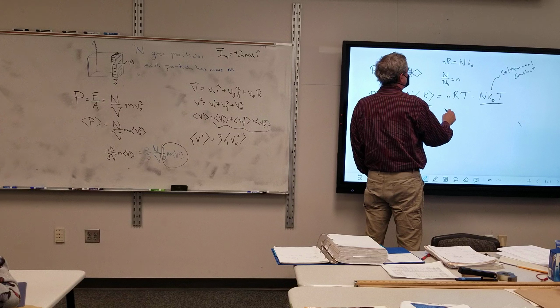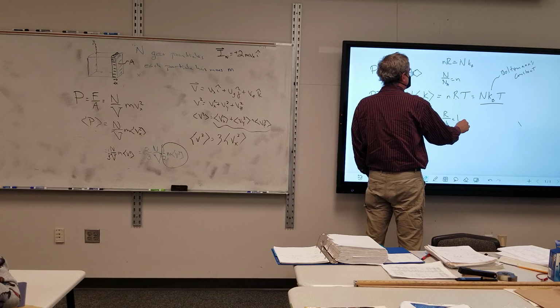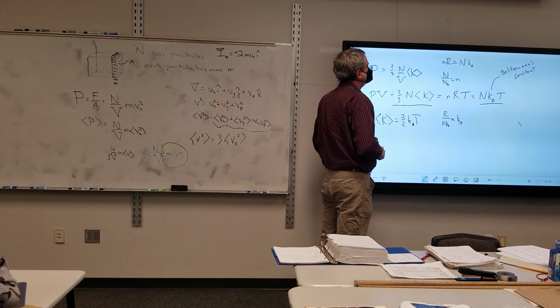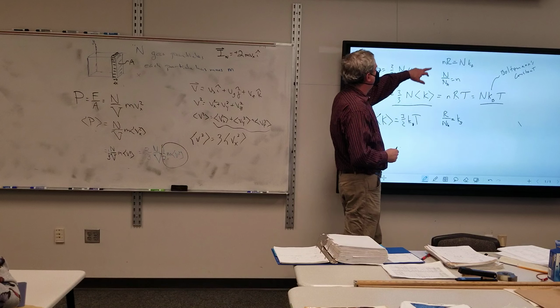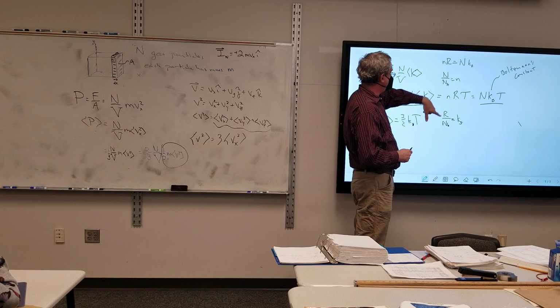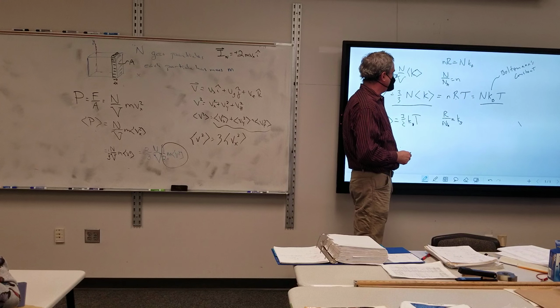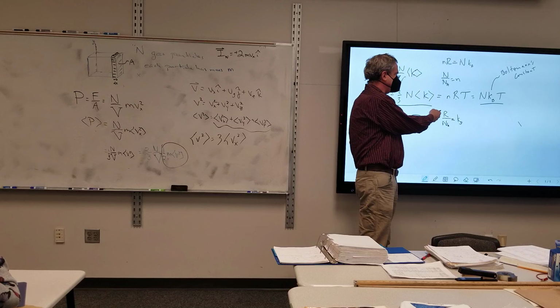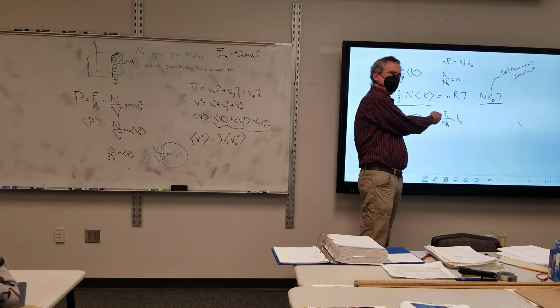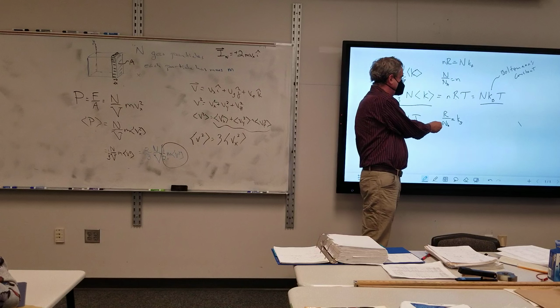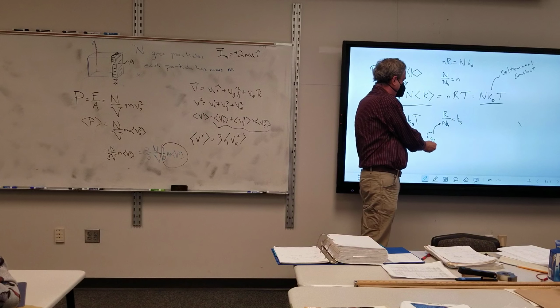So R over Avogadro's number is equal to Boltzmann's constant. You put that in, the big N's cancel, and that's the relationship there. This is 8.something in SI units, I forget what the number is again, I don't use this that often. This is 6.02.